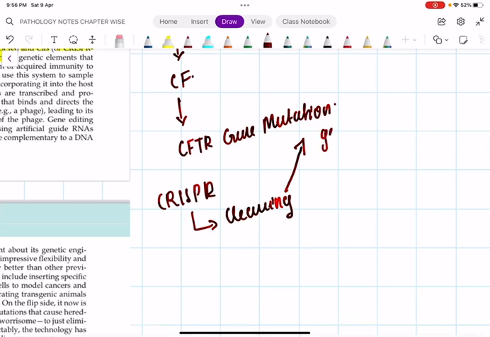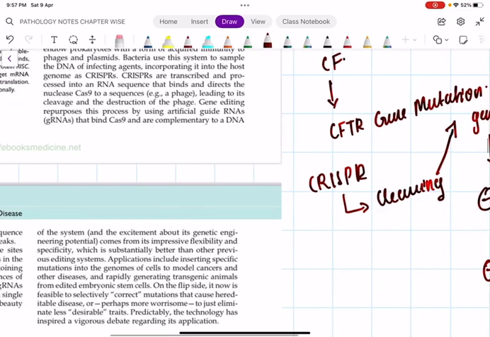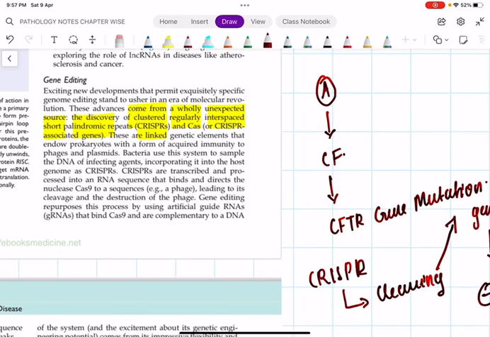Finally, when this child grows up and gives rise to his next generation, there won't be any CFTR mutations, so there won't be any cystic fibrosis. Simply, CRISPRs are cleaving enzymes. They are going to cut the mutated gene, so the mutated gene won't spread into the next generation. Simple. Let us make things very simple.